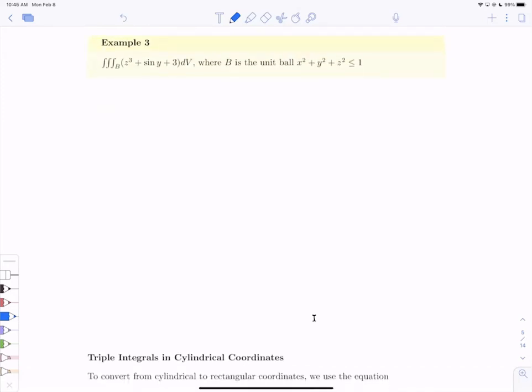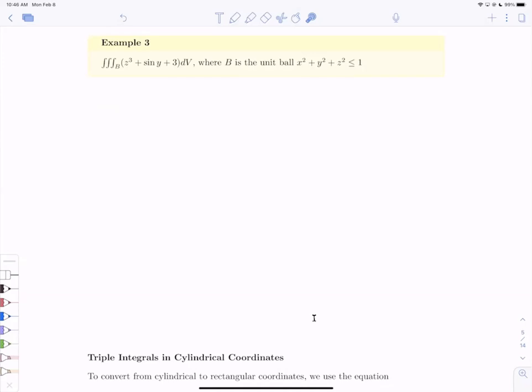I have the triple integral over B, where B is my unit ball, a sphere with radius 1, and I want you to compute the integral of z cubed plus sine y plus 3 dV. Again, I'll give you 3 minutes to work on this. This one is pretty simple, you can probably finish in 2 minutes.